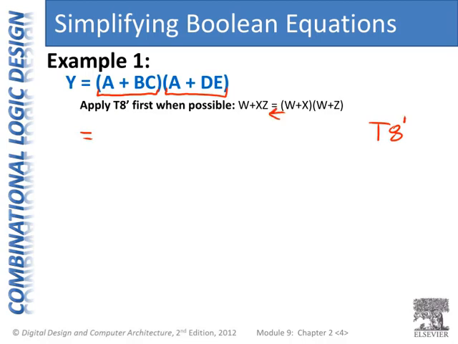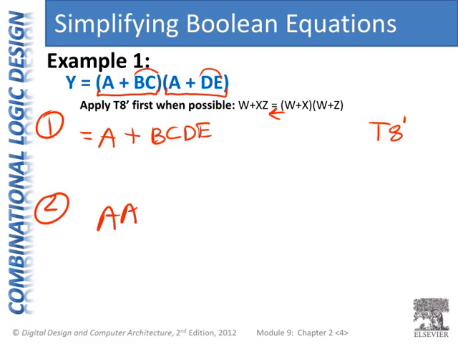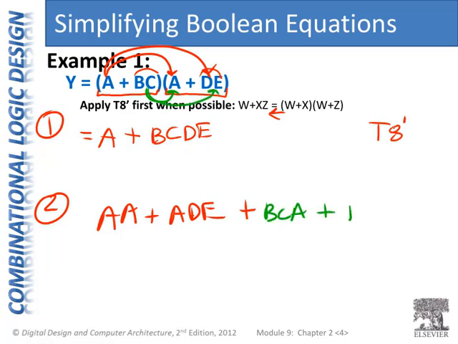I'm going to go in that direction and get A or the and of these two terms, B and C and D and E. And again, as I showed in the last module, we could have used multiplying out where we say A and A, or A and DE, or BC and A, or BC, DE.